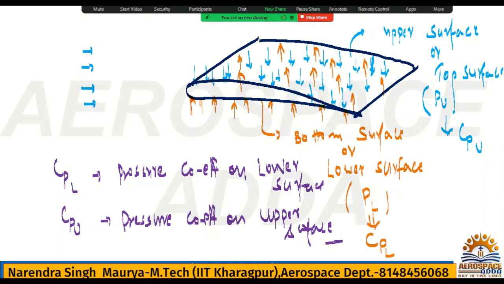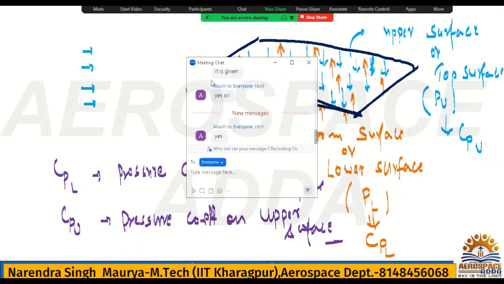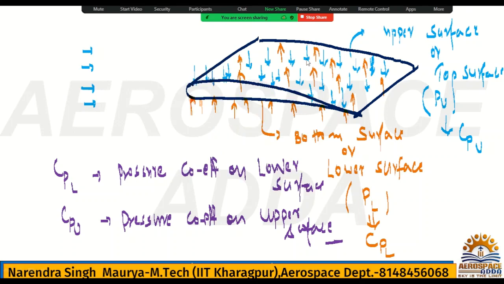So I can show the distribution of the pressure over the top surface and lower surface. So you may get the pressure distribution. This is the pressure distribution basically, what I have shown you here. This is the pressure distribution over the surface of the wing.